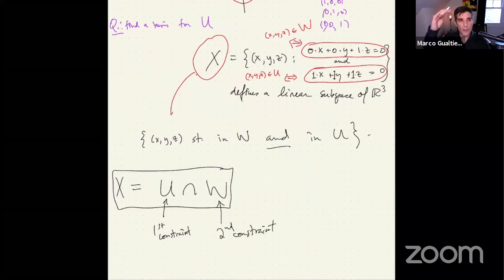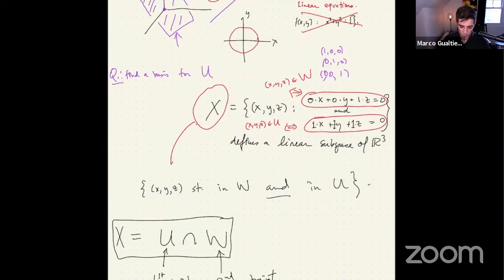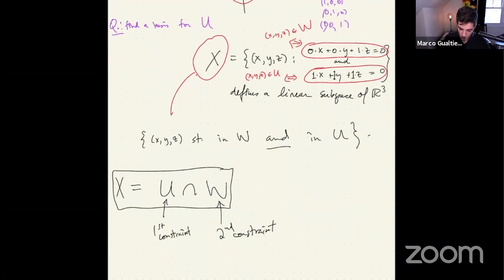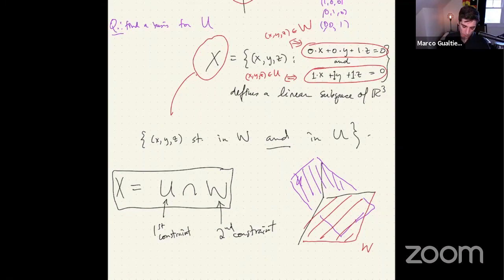When you have a system of linear equations, you're simply intersecting a bunch of subspaces, one corresponding to every constraint. So what will that look like? Inside R3, you'll have this U space, and then you'll have W. That's U and W. How do they intersect?